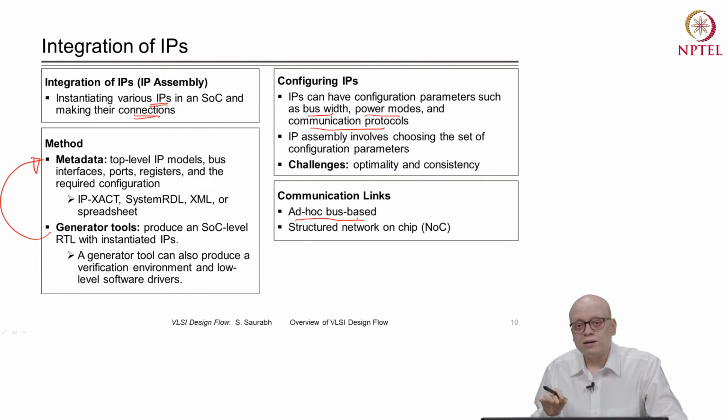Now what we do is follow a structured network approach, which we borrow from, say, computer networks theory and apply in VLSI. And these structured networks inside SOC are known as network on chip or NOC.